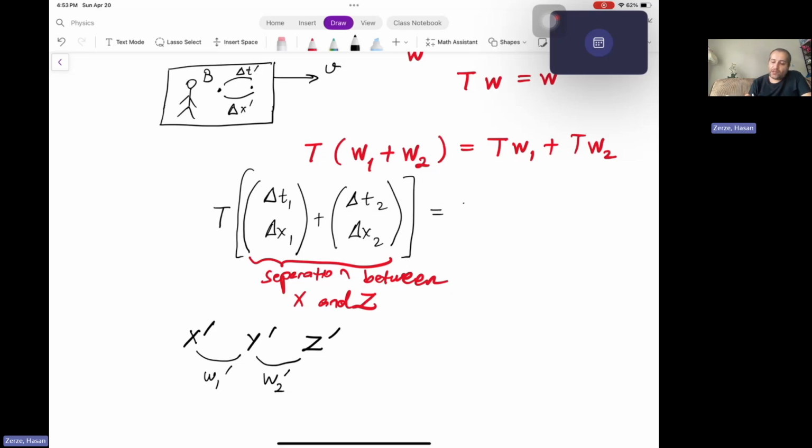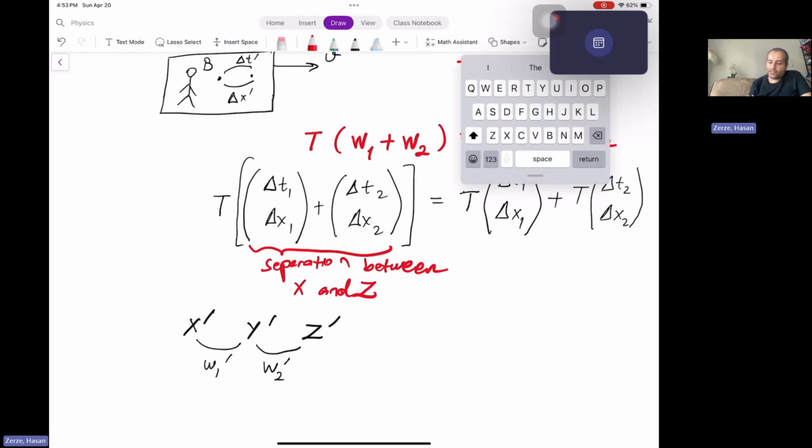So we can write down that the separation delta t1, delta x1 transformed plus the separation delta t2, delta x2 transformed.